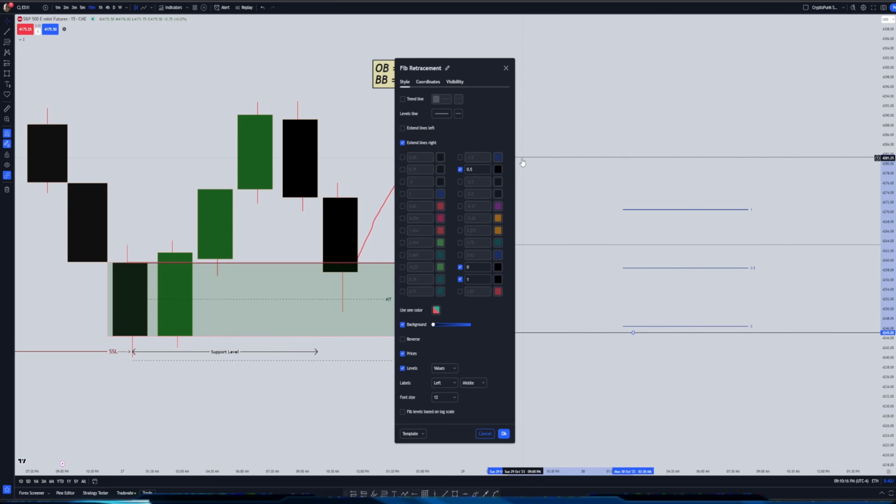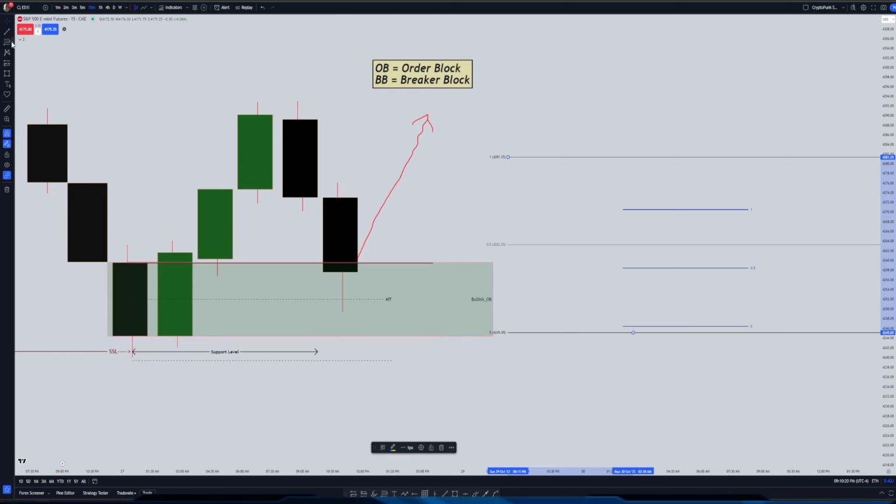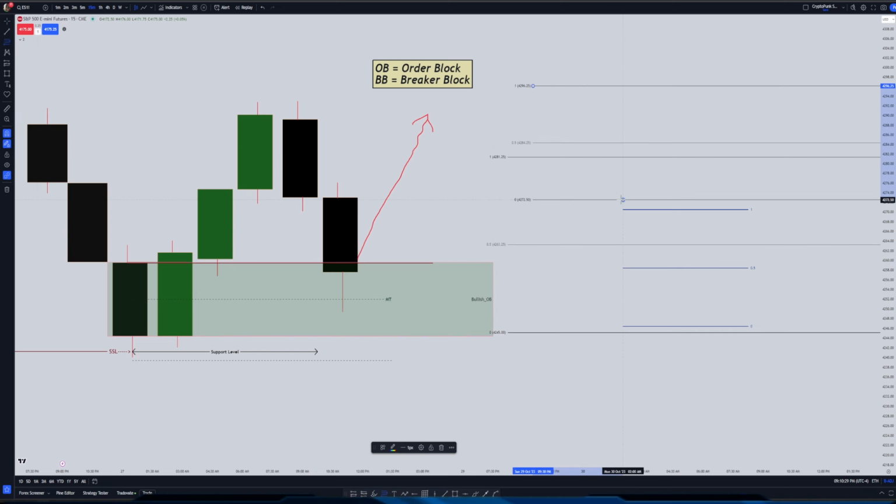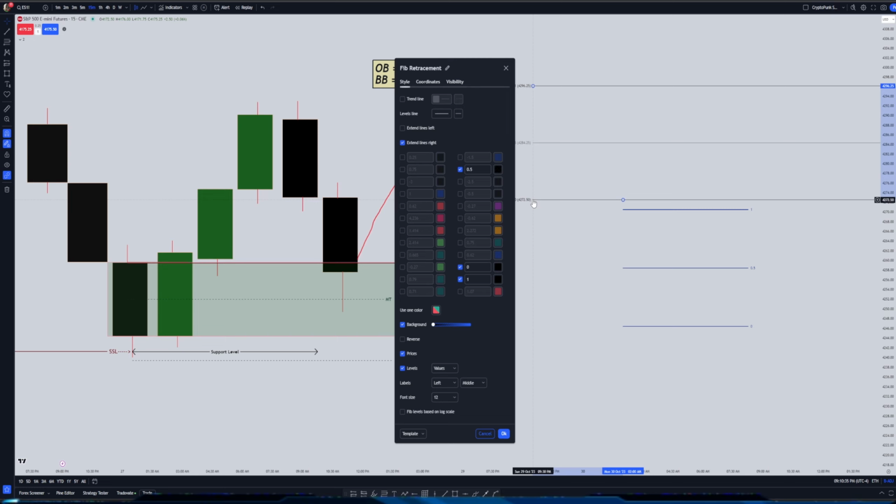Okay, so what I want you to do is, let me show you where you can get your fib retracement. This is your fib retracement. From this area you can get your fib retracement. Select that fib retracement, draw it with whatever the default settings are, double click on the fib retracement line, and then select extend it to the right side.